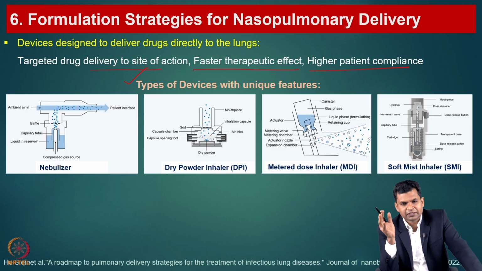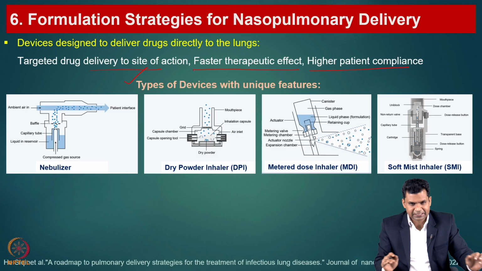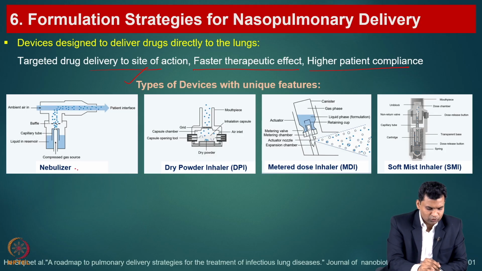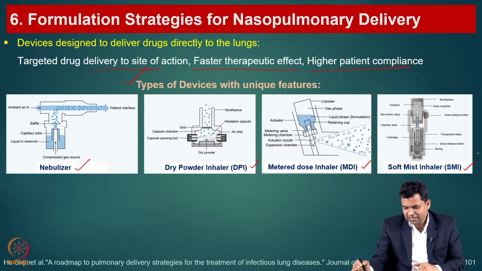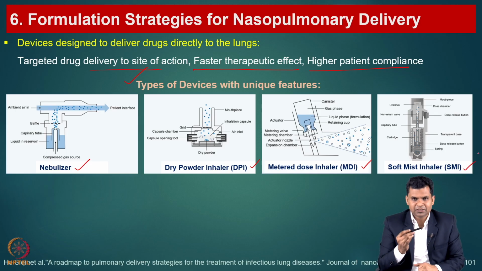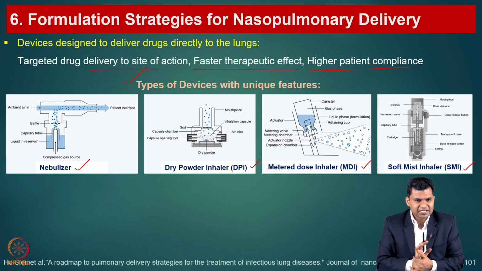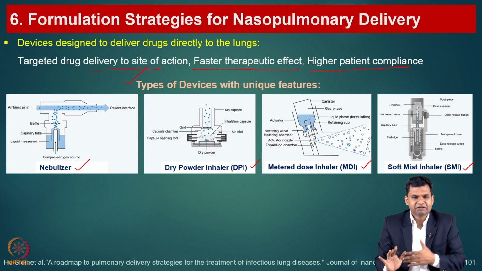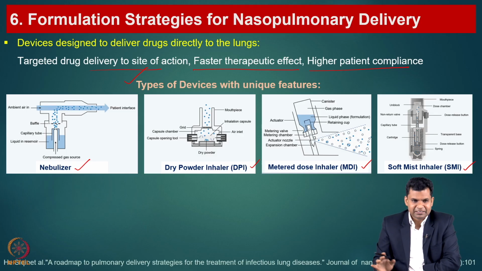We need nebulizers, dry powder inhalers, metered dose inhalers, or soft mist inhalers. So, these are the total 4 types of devices with which we can deliver the drugs from the nasal to the pulmonary route, and these devices deliver the drugs to the lungs. So, there is a mandatory requirement of the devices.